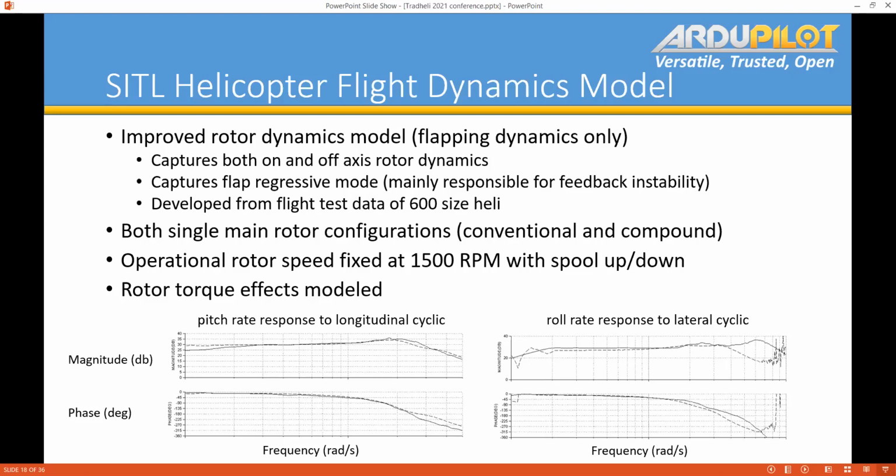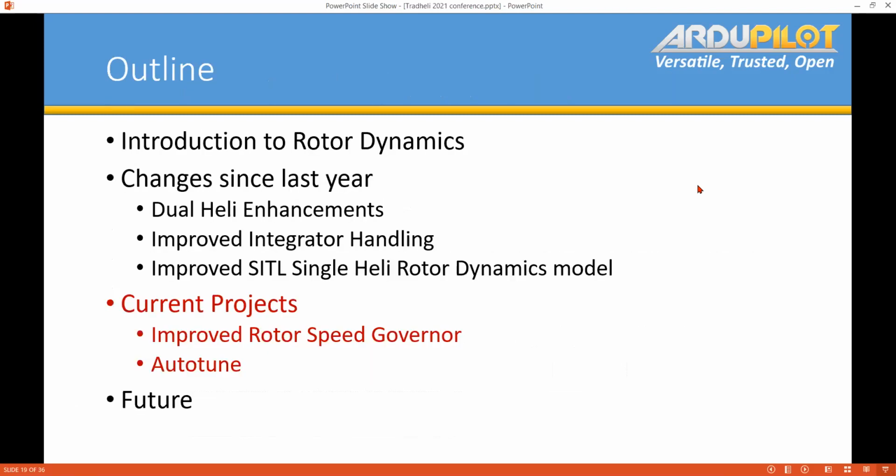So you just remove it from the model and continue with your identification. Does that answer your question? Yeah, no, that's great. Thank you. Okay. Right, so that was the CITL helicopter model, and like I said, I went along and improved it as I went into the auto-tune work.